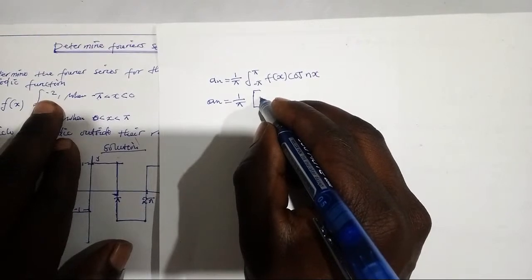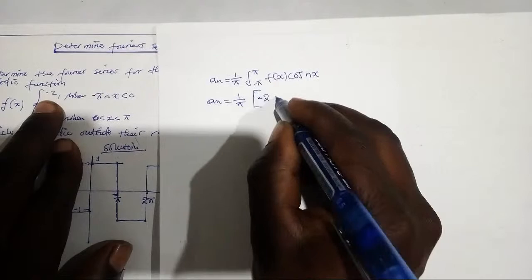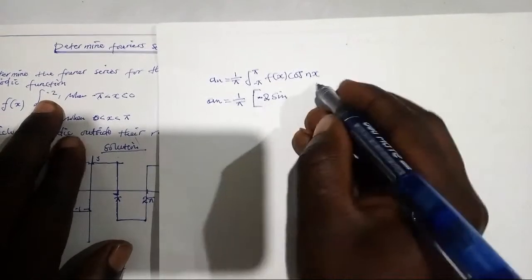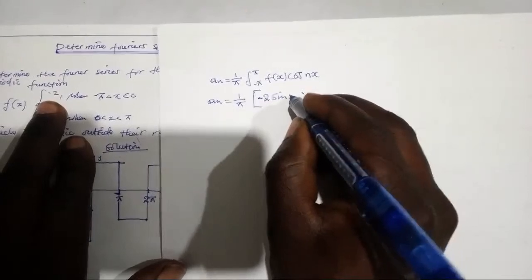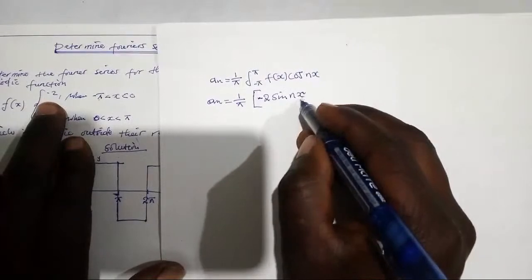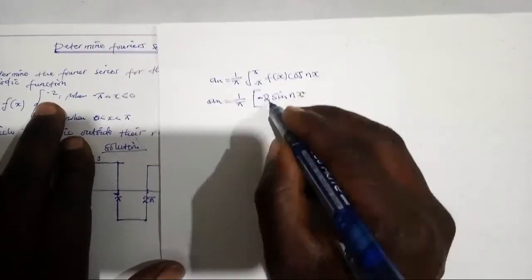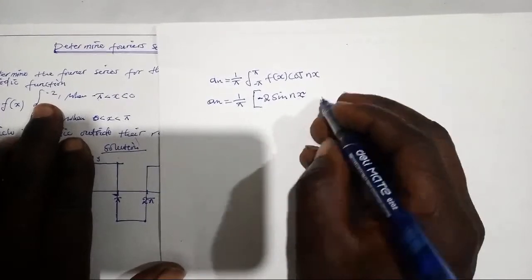So you have minus 2 sine, when you integrate this one, 2 sine n x. X, it is already here, okay? If you want, you can take it here to be 2x sine n, okay?